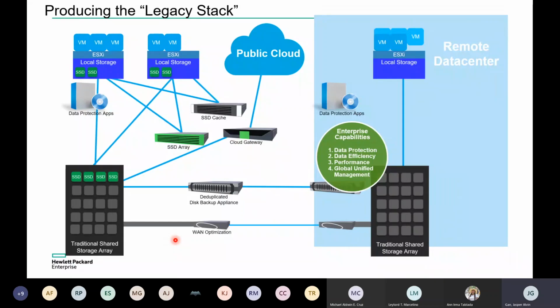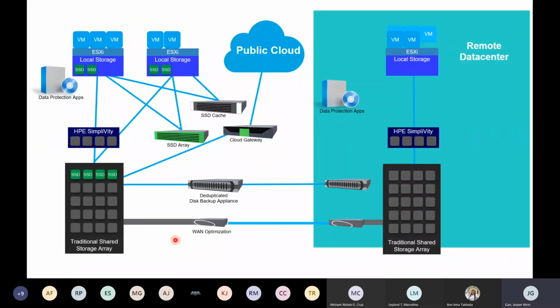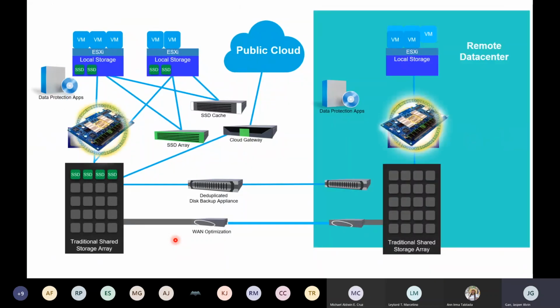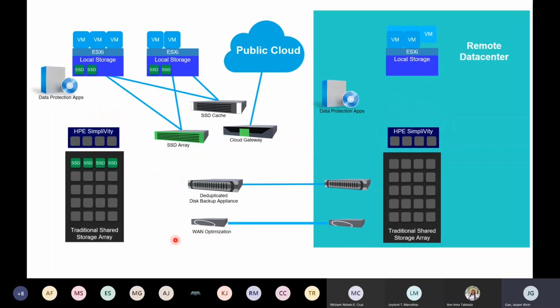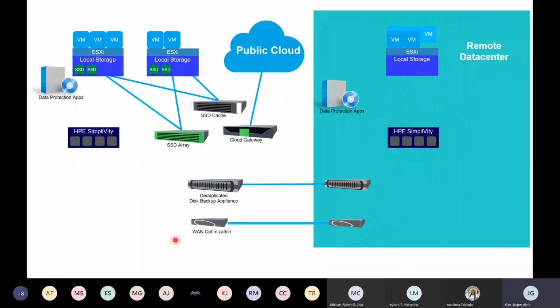So what happens if we have HPE Simplivity? When we have HPE Simplivity, since it's a hyper-converged infrastructure or technology, firstly, you would not need the traditional storage area anymore since it's going to be built in. Next, we have global deduplication and compression of data, so we can have those WAN optimization functionalities in between our sites.